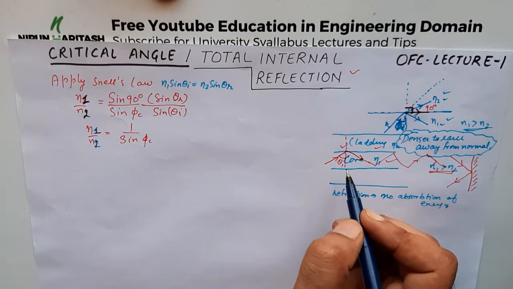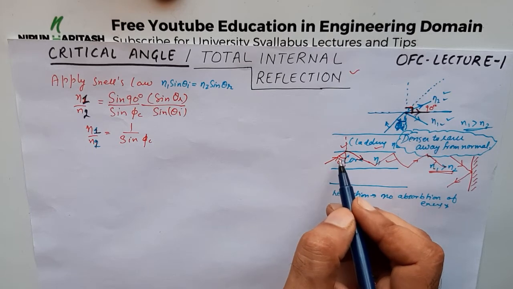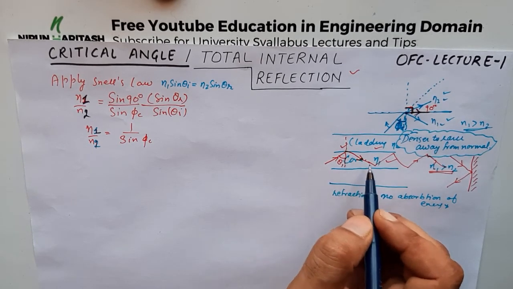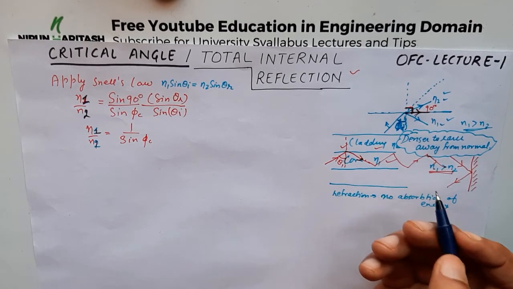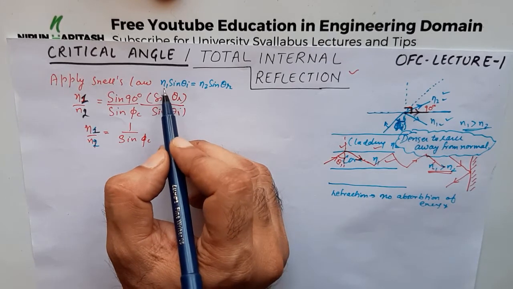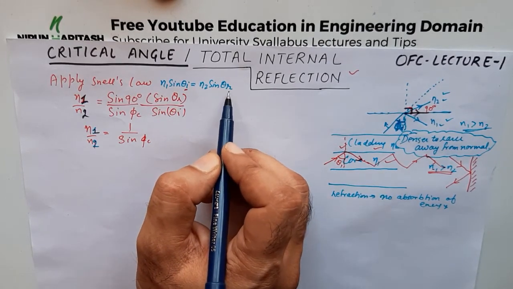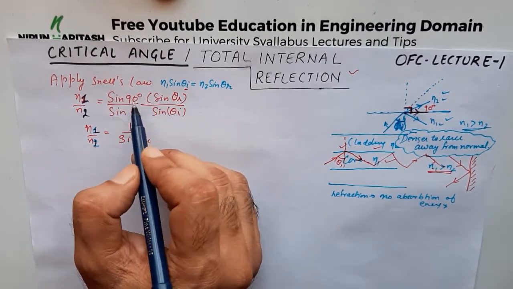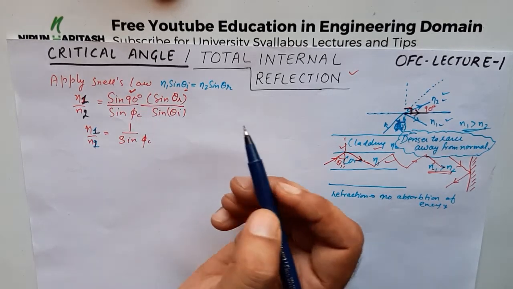To understand this, we need to find the minimum angle at which we must send this light into the core so that it turns back into the core as a totally internally reflected ray. For that we apply Snell's law, where eta 1 sine theta i, the incident angle, is equal to eta 2 sine theta r. With a little rearrangement, we find the condition where the refraction is 90 degrees.